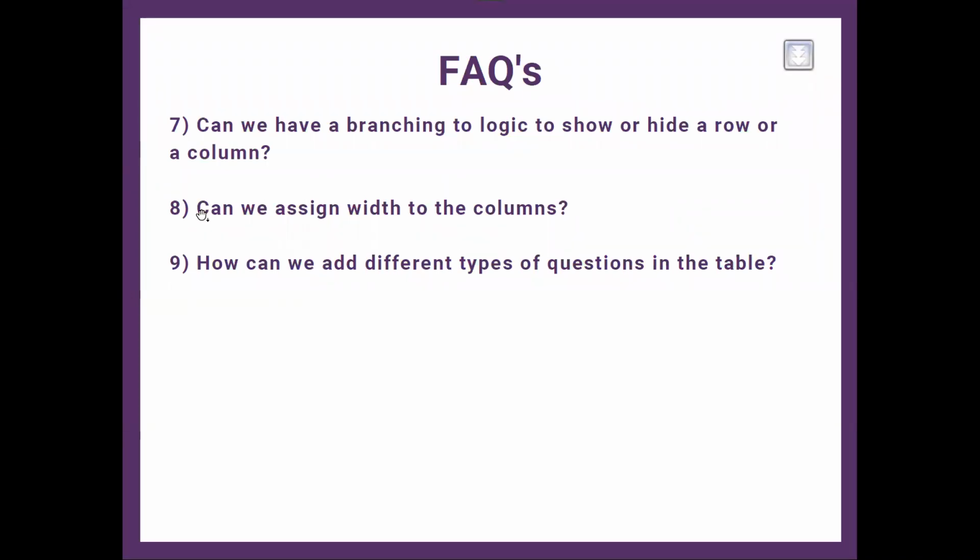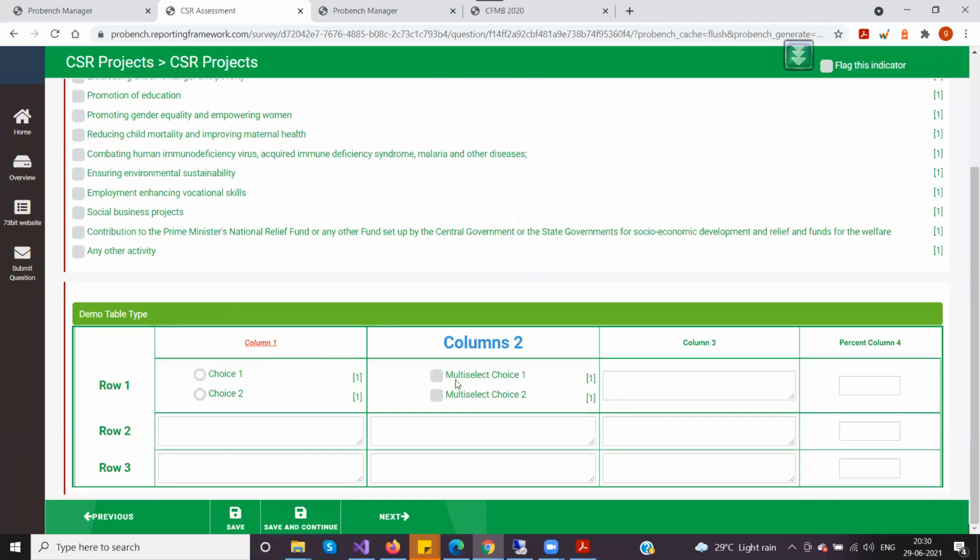Can we assign width to the columns? No, currently it is not possible to assign width to the columns. But in future there would be an update which would allow you to do that. How can we add different types of questions in the table? I think I have already demonstrated that.